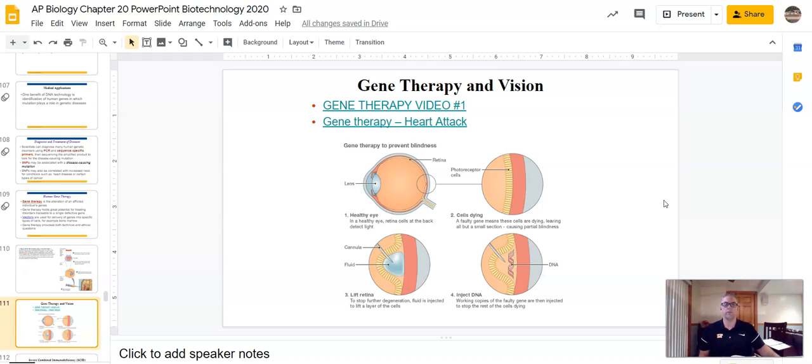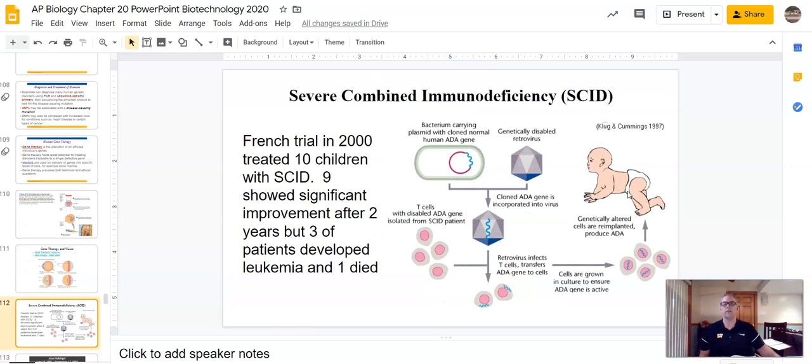There's also been some positive impacts from gene therapy when we battle things such as vision related issues. There's definitely some work that's been successful where they've taken a look at some regeneration associated with retinal damage and being able to incorporate DNA to give us some benefits from that.